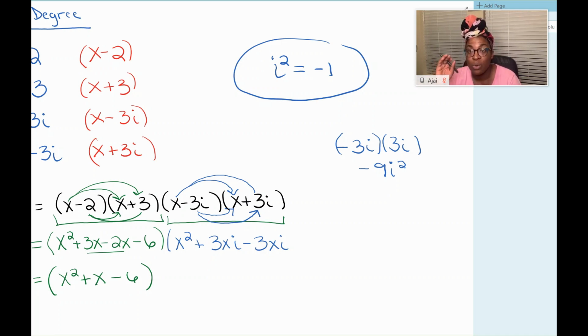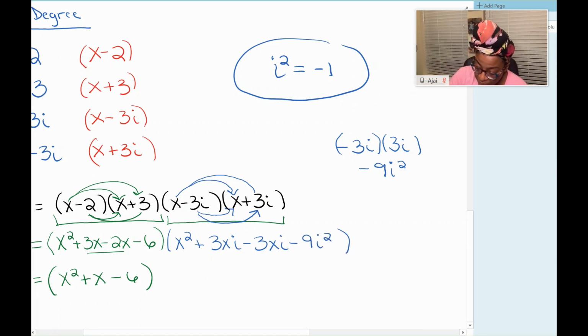Just know that when you have i squared, never leave that in your problem. It's always going to be replaced by a negative 1. So let's put this 9i squared here. But know that I'm going to take that i squared out and I'm going to put negative 1 in its place. So watch on my next step when I simplify everything.